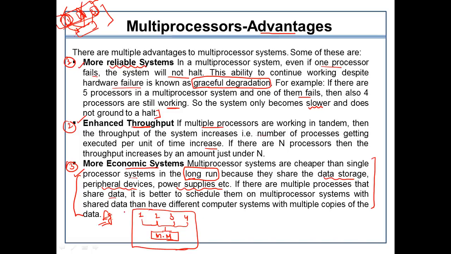Now this is the one machine. No doubt this machine will be costly for sure, because it has a unique feature: it uses the multiprocessor facility.